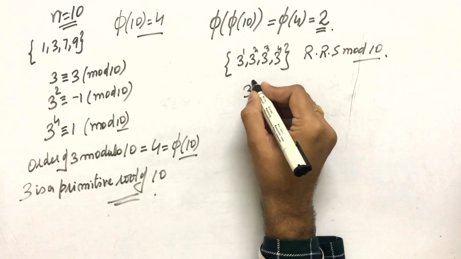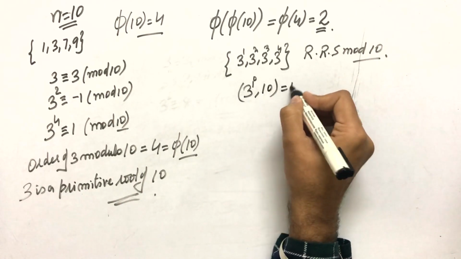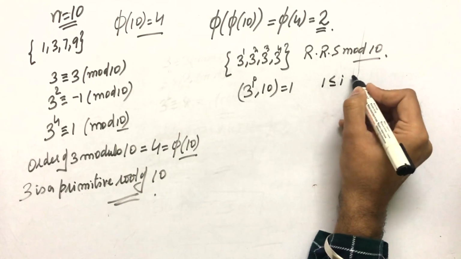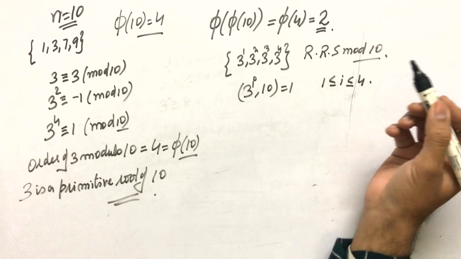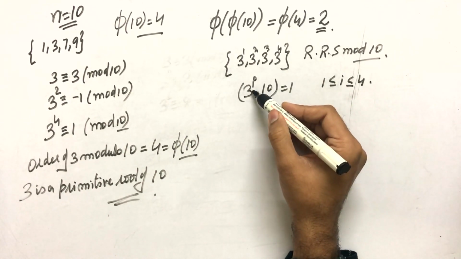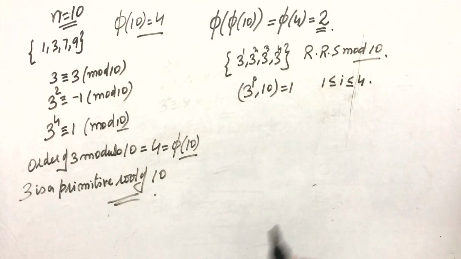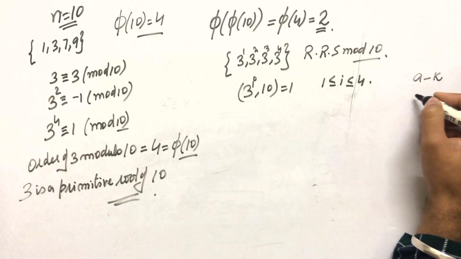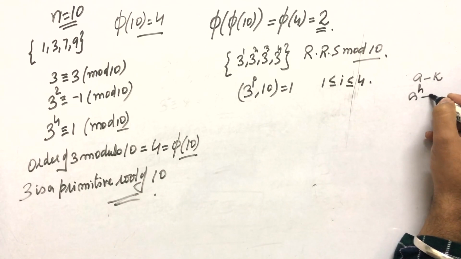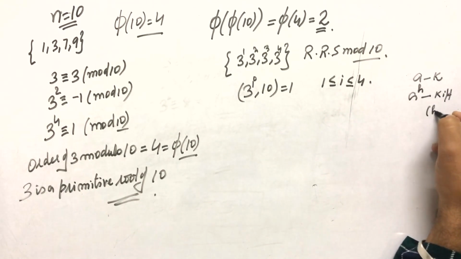That means 3 power i is relatively prime to 10 for i from 1 to 4. Now we have to find the powers whose order is the same as that of 3. For that, again we use that result: if the order of a is k, then a power h also has order k if and only if GCD of h and k is 1.